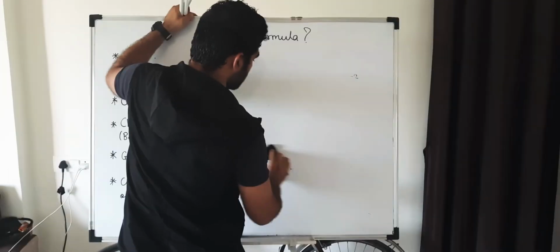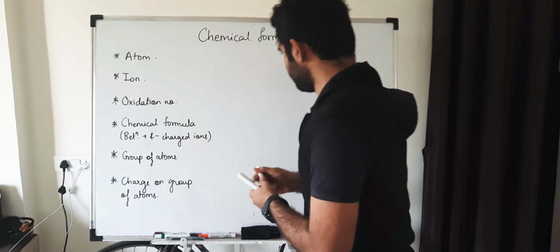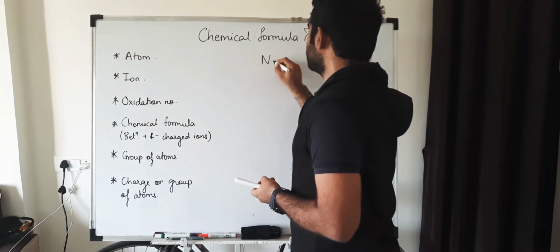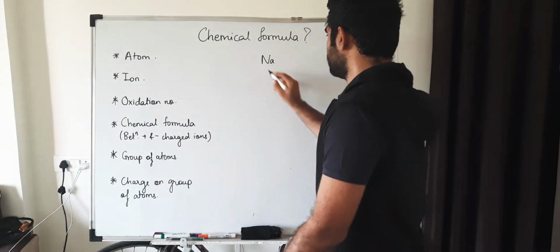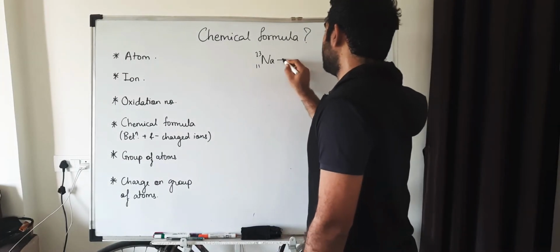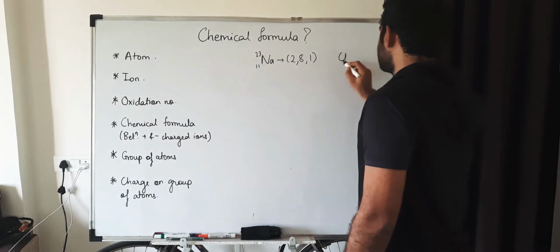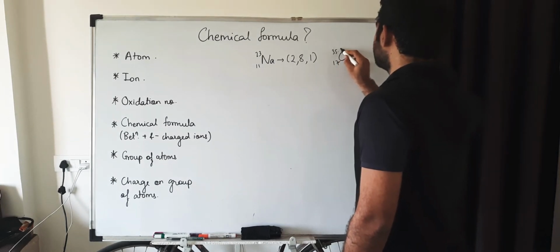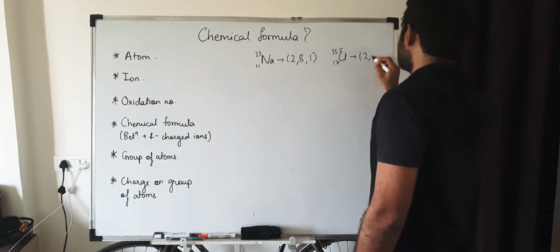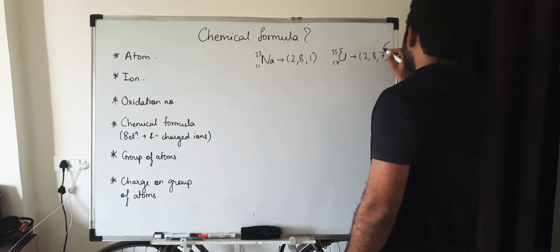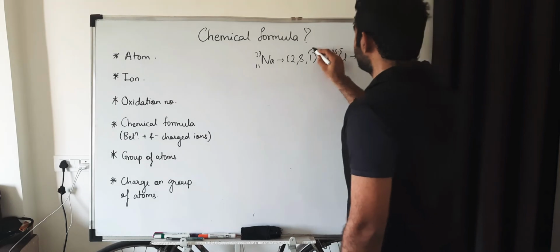Similarly, let's take a compound, sodium chloride. It includes sodium, Na, which is 11 and 23, electronic configuration 2, 8, 1, and chlorine, 17 and 35.5, electronic configuration 2, 8, 7. Chlorine requires 1 electron. Sodium donates 1 electron.